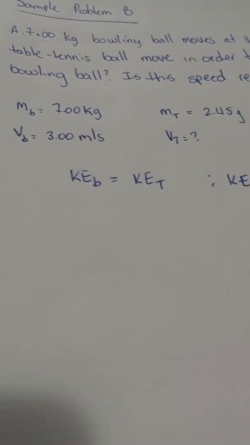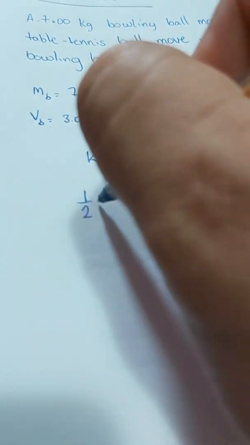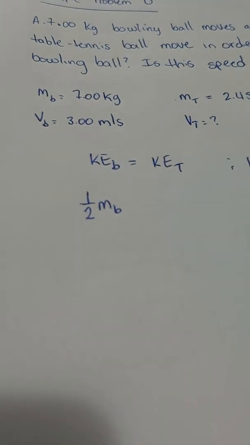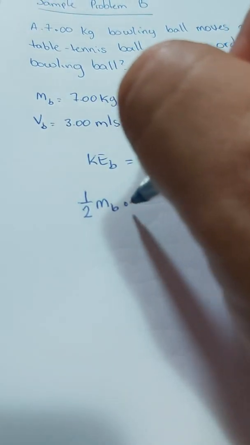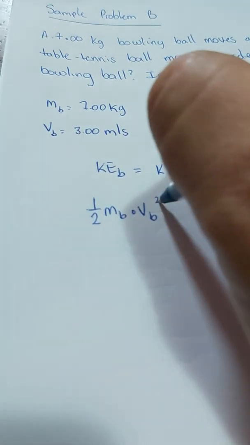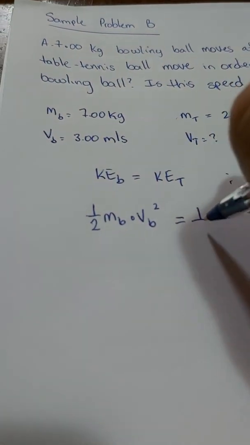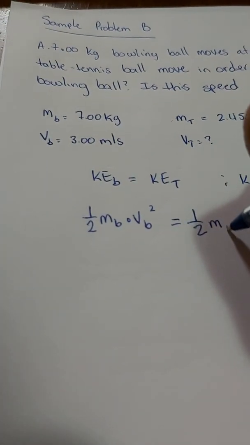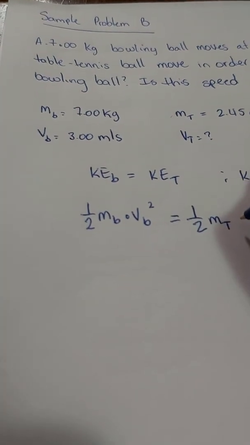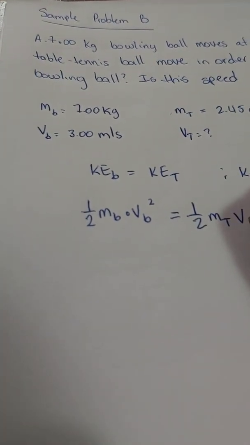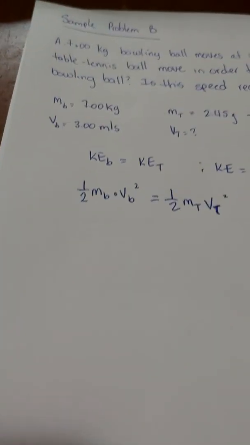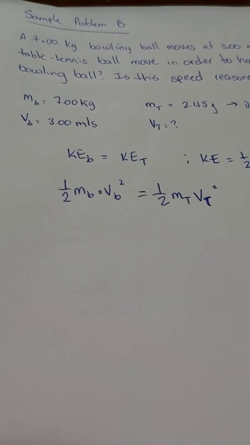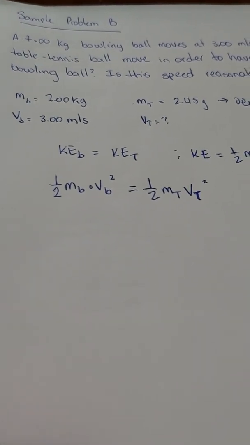So that means kinetic energy of the bowling ball equals 1/2 mass of the bowling ball times velocity of the bowling ball squared, equals 1/2 mass of the table tennis ball times velocity of the table tennis ball squared. Okay?